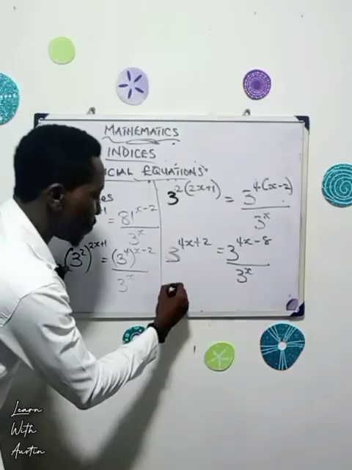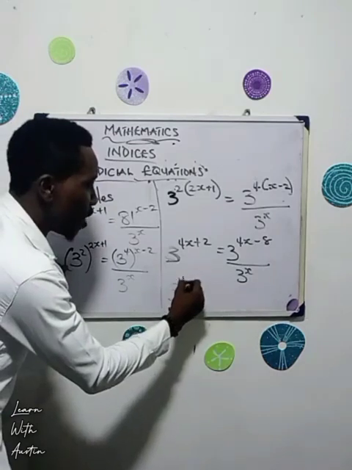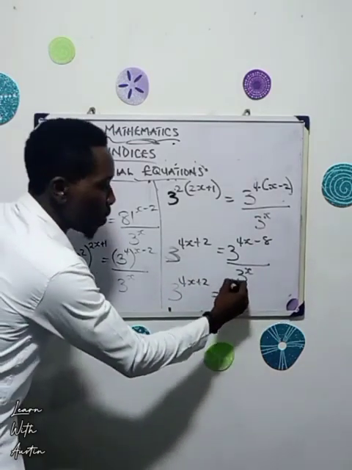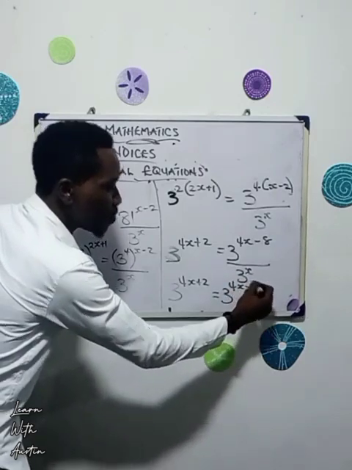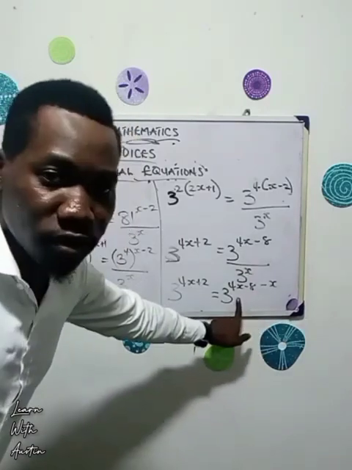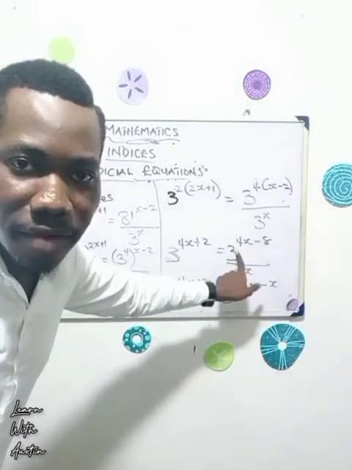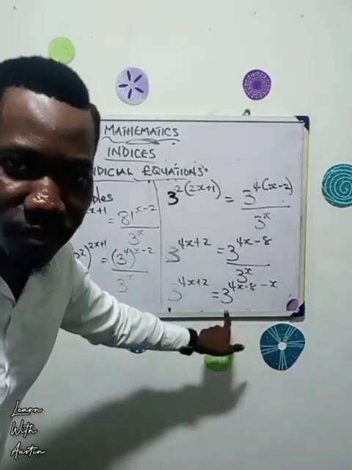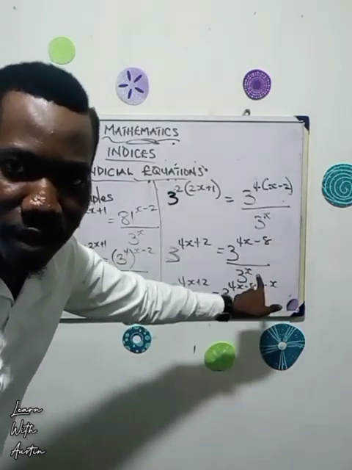So we're going to have 3 raised to the power of 4x plus 2 will be equal to 3 raised to the power of 4x minus 8 minus x. So we have used the law here. We now have this raised to power this divided by this raised to power this, to now have this raised to the power of this minus this.